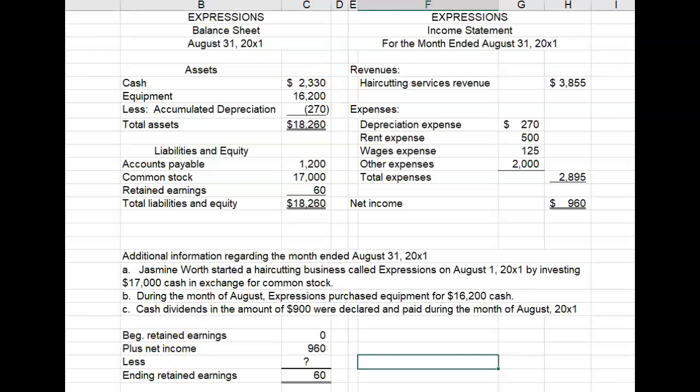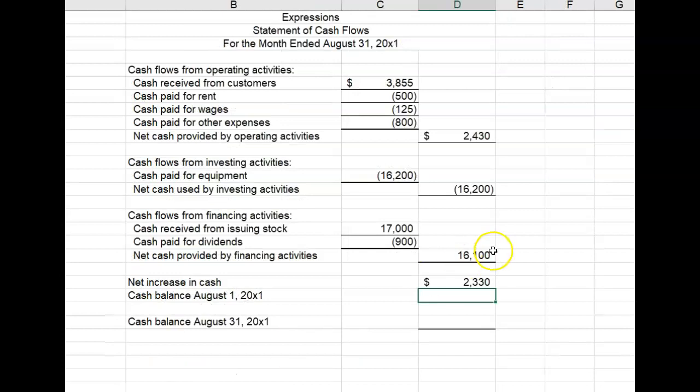So let's add that in there. Net increase in cash plus 0 beginning cash balance equals an ending cash balance of $2,330. We're finished with our cash flow statement, but we're not finished with our work yet.